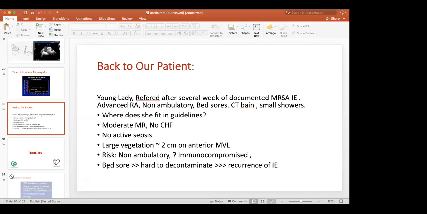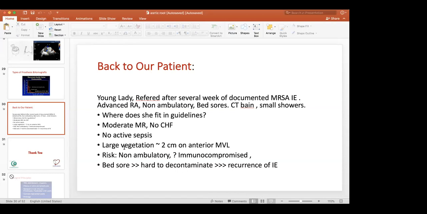She had a mobile vegetation more than 2 centimeters on the mitral valve, and she had showers to her brain without neurological deficit or major stroke. The patient is non-ambulatory, has bed sores, and is debilitated because of advanced rheumatoid arthritis. Her mitral valve has moderate regurgitation. Other valves are okay.